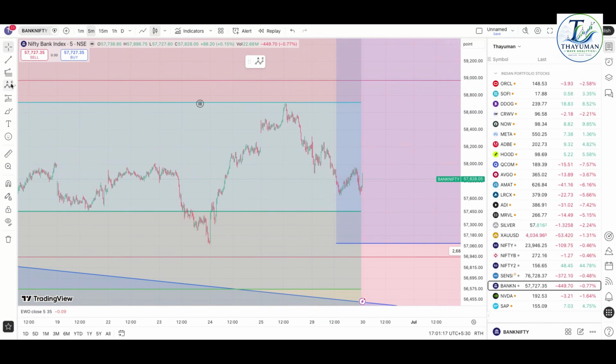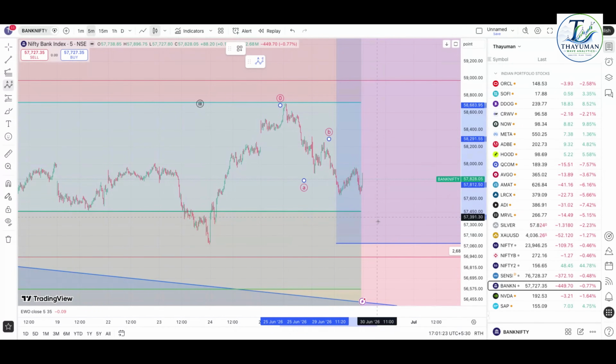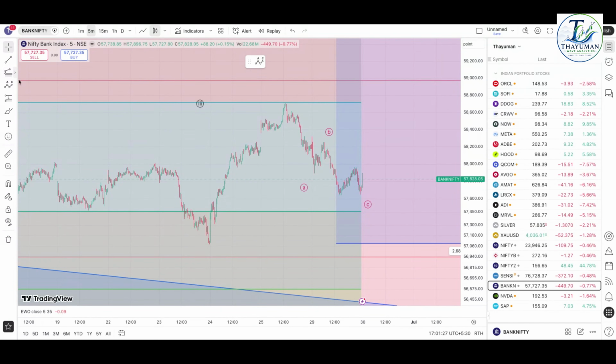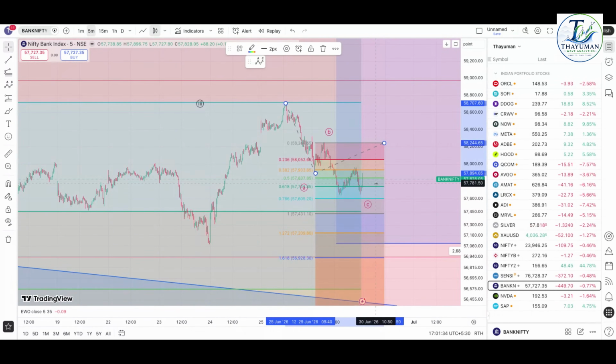If I say this is A and this is B, whether C is over or not is a question again. So what I use is a trend-based extension. It has crossed 0.618. I'm not sure, maybe it can come down, is my opinion.